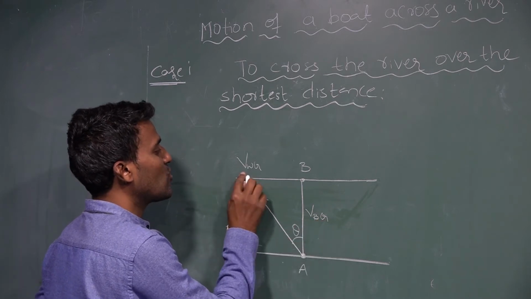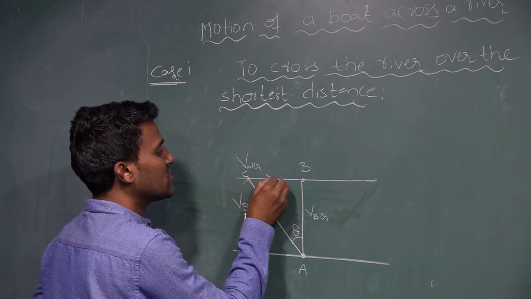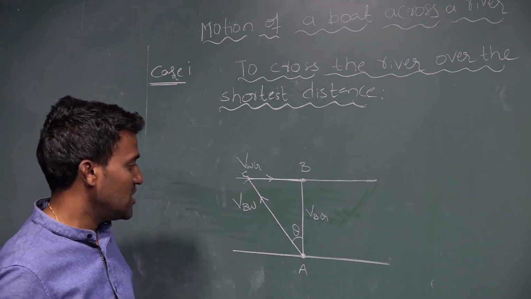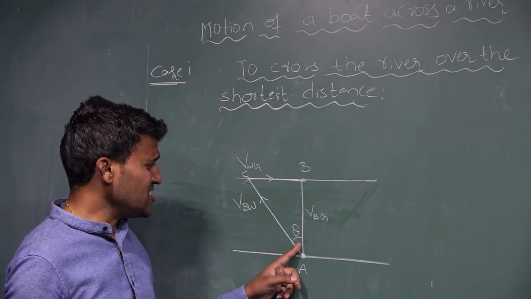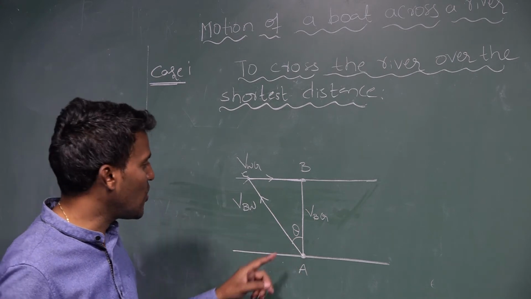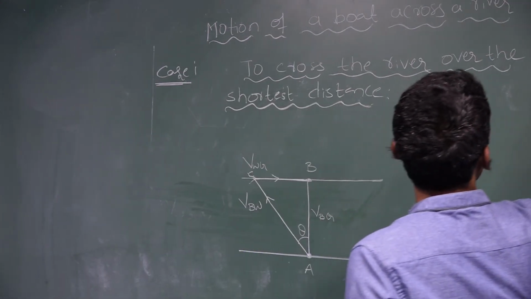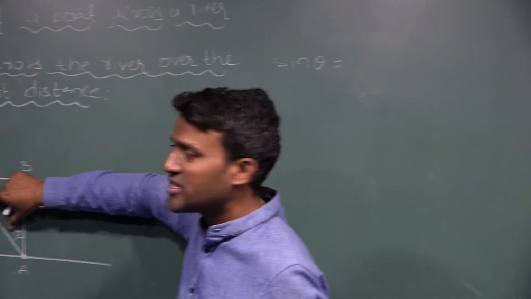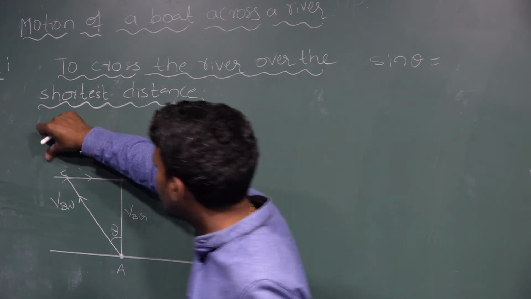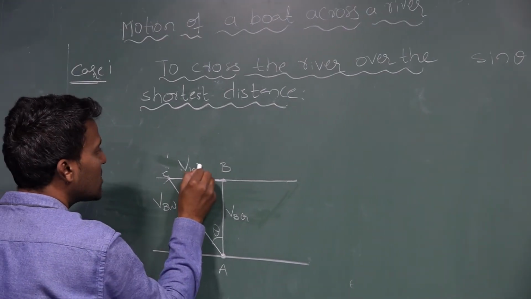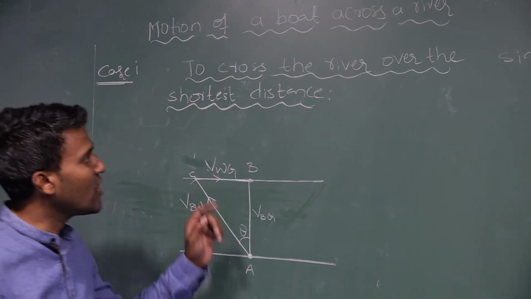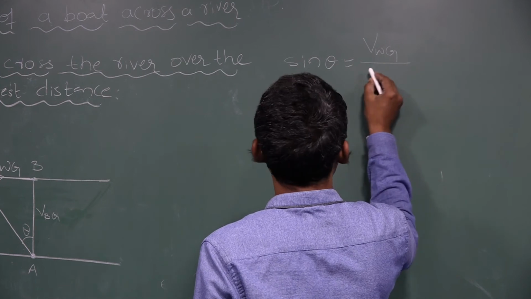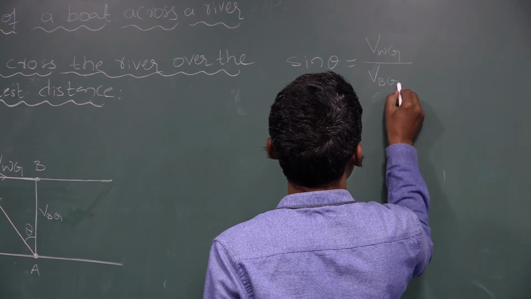The velocity of the water, this is the water flow direction, isn't it? Now in this situation, what can you write for sine theta? Sine theta is equal to opposite side by hypotenuse. Here the opposite side is nothing but the water velocity, velocity of the water with respect to ground, divided by the velocity of the boat with respect to water.